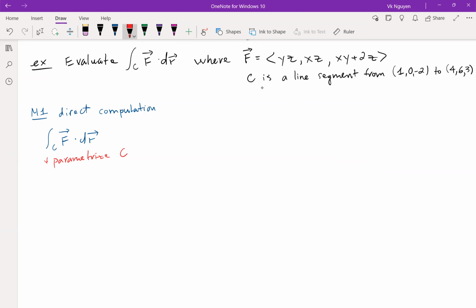Okay, so if you parameterize it, x is equal to 1 plus (4 minus 1 is 3) t, y is equal to 0 plus 6t, z is equal to negative 2 plus 5t.